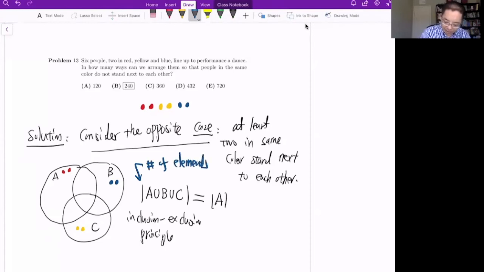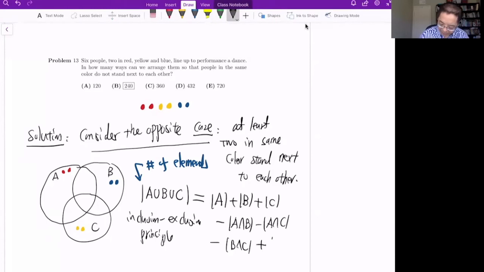All right, so it's the number in A plus number in B plus number in C, and then minus the number in the intersection of AB, minus the intersection of AC, minus the intersection of BC, and then you have to add the common overlap back, right? So this is the formula, inclusion exclusion principle, if you have 3 sets.